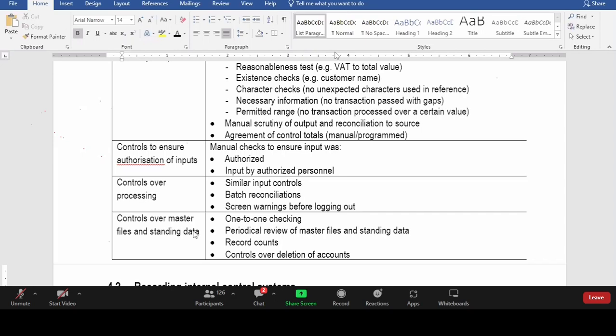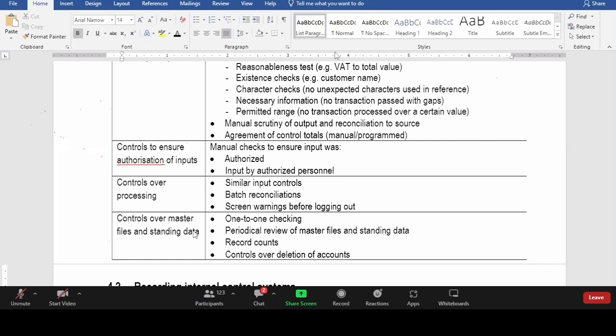Nobody should be on the payroll unless he's a worker. There should be review of the master file, to ensure that people have not smuggled in ghost workers, or changed their salary scales. So we have to do record counts. If there were 200 workers in June, then we should have 200 workers on the master file. Otherwise, if the file has been corrupted, you may pay fewer workers in July.